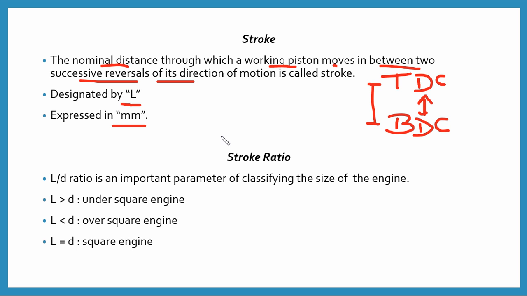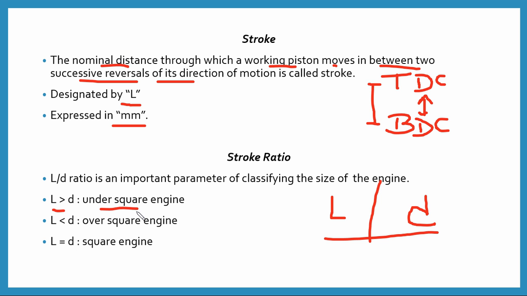Next is the stroke ratio. The stroke ratio is defined to classify the engine size. Here L means stroke length and D means bore. The ratio of L and D defines the classification of the size of the engine. If L is greater than D, meaning the stroke length is greater than the bore diameter, then the engine is called an undersquare engine.